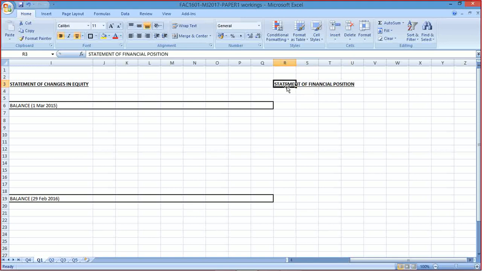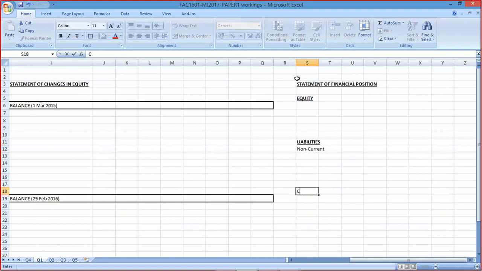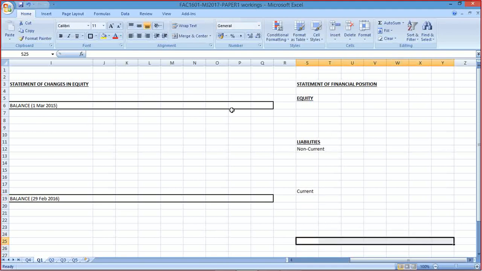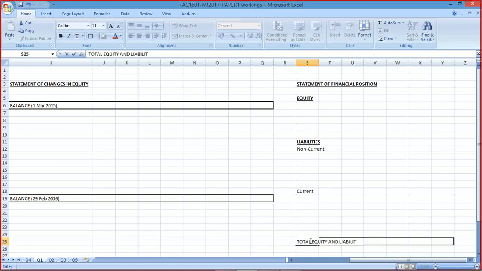Then financial position, obviously you're going to have headings for equity, and then skip some lines, and then a heading for liabilities. And you know liabilities will be separated into non-current and current. Then I'll have a total, and the total is going to be for everything, so the equity and the liabilities.